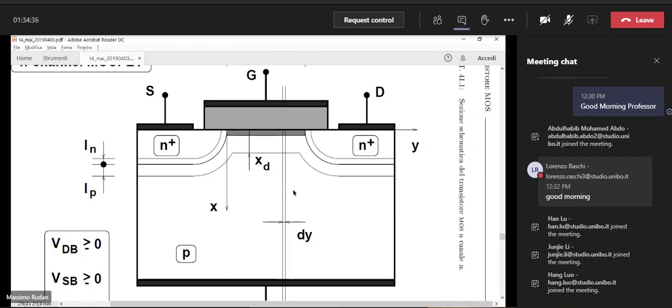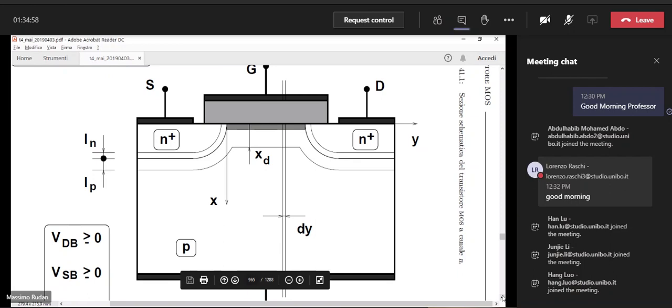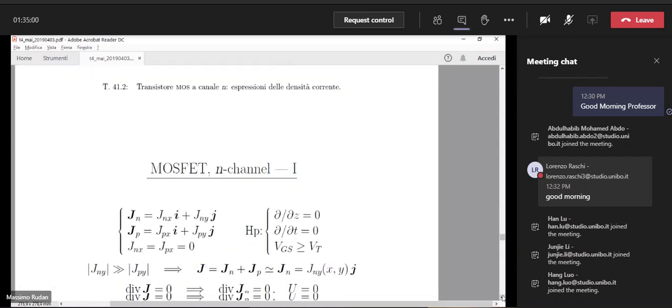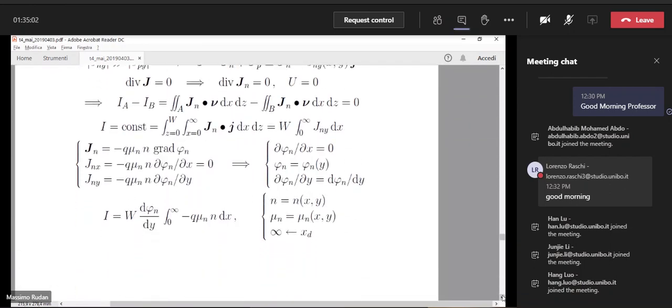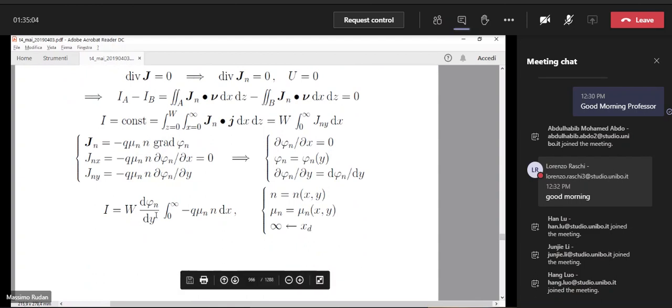So there is no current flowing from source to drain in the bulk, okay? So instead of carrying out the integration along x between 0 and infinity, that is to the bulk, we do it between 0 and xd. So the first step is we replace the upper limit of the integral with xd.